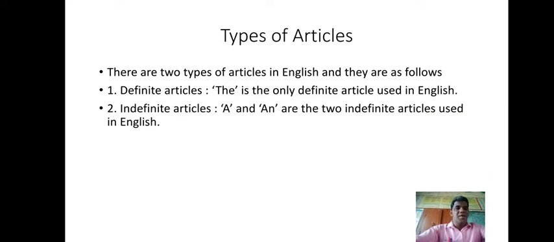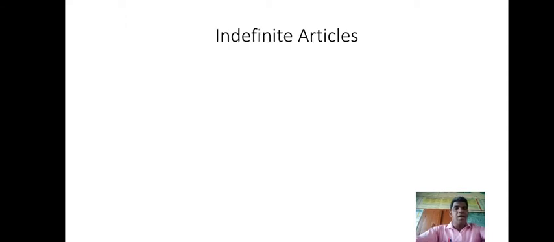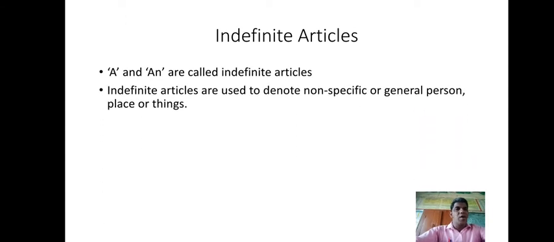Then indefinite articles. In English, we have two indefinite articles, a and an. So a and an are called indefinite articles. They are called indefinite because they are used to denote indefinite, that is non-specific or general place, person or thing.